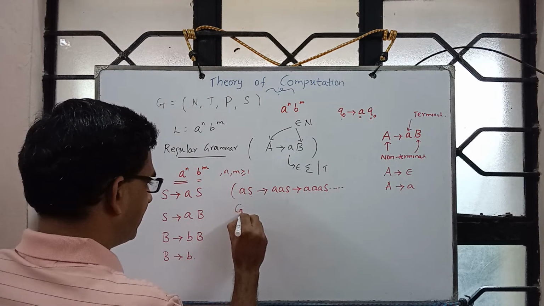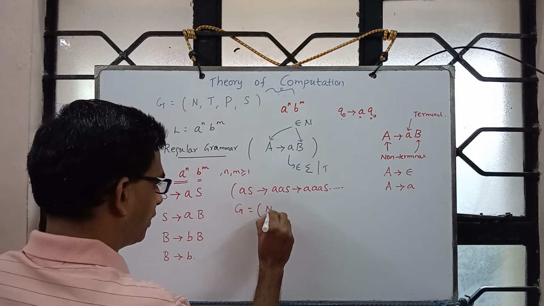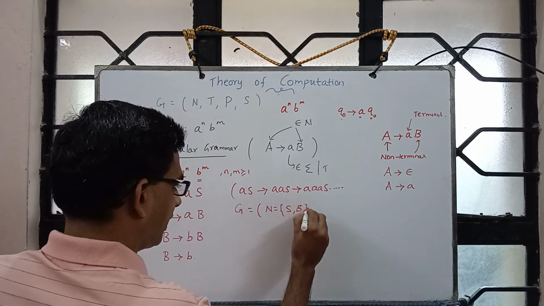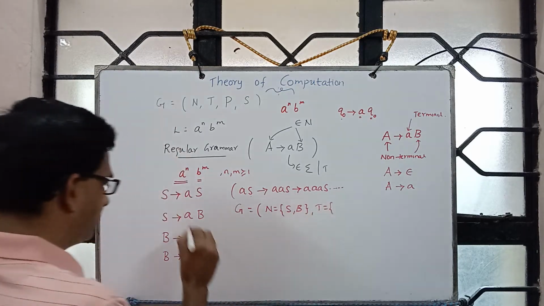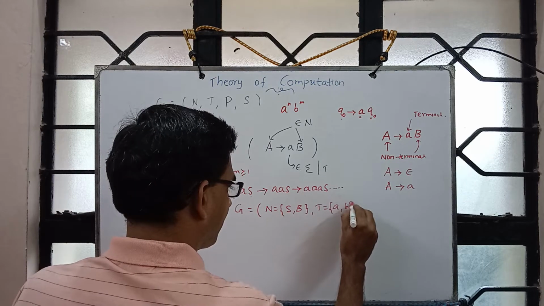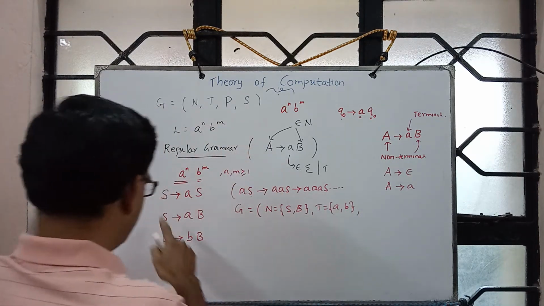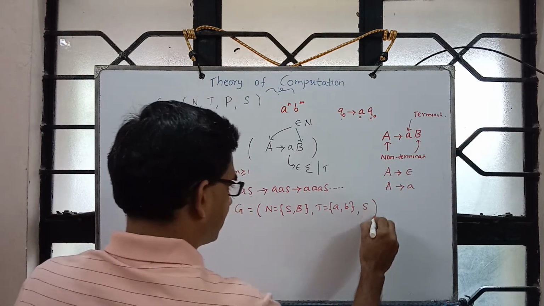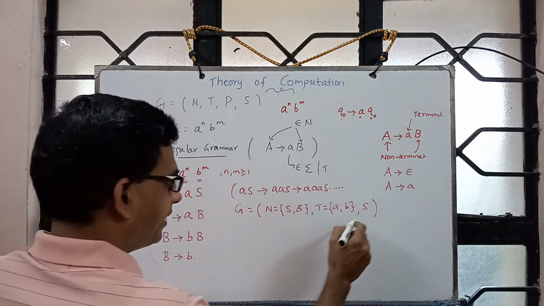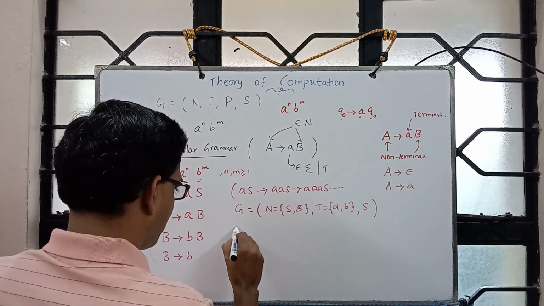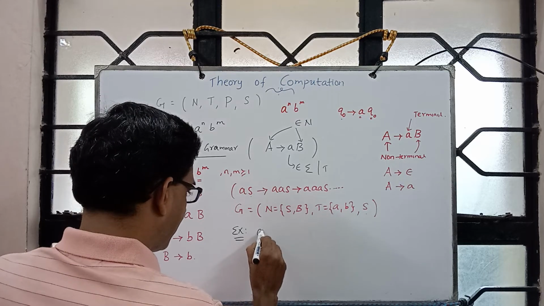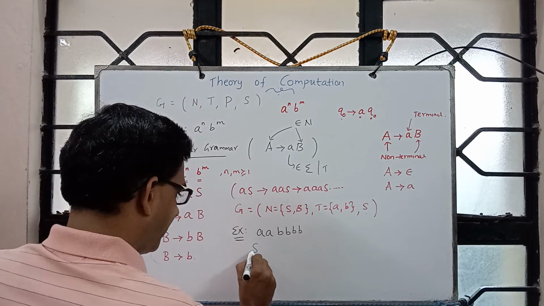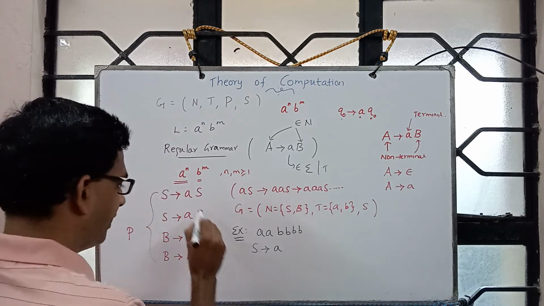So what is our signature? A grammar consisting of non-terminals, in our case S and B, and terminals consisting of a and b, followed by productions. These are all part of P, and the start symbol is S, which means any derivation must start from this. Let's look at an example. Say let's take a square followed by b power 4. Then we need to start from S. So S implies aS.